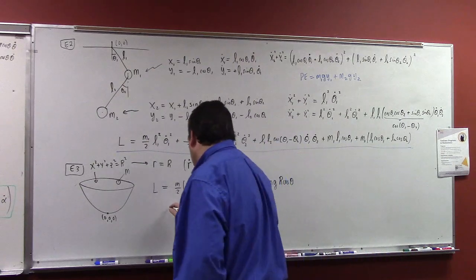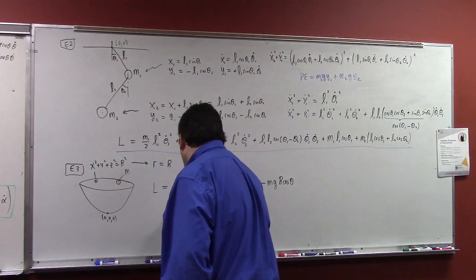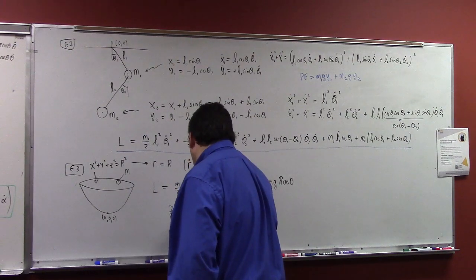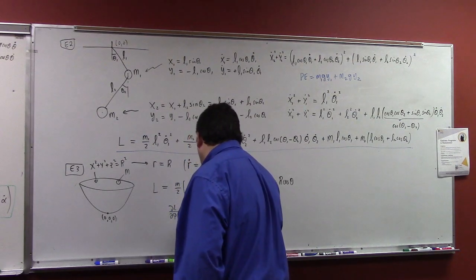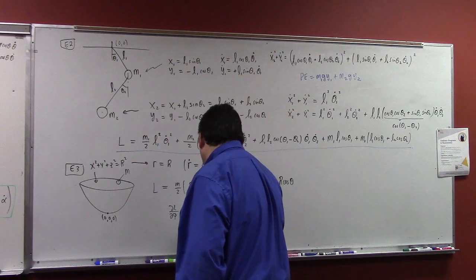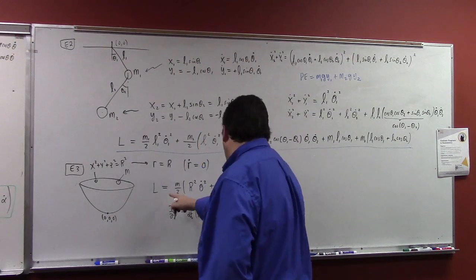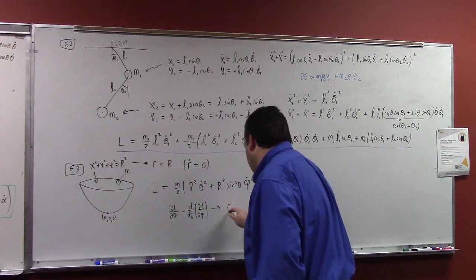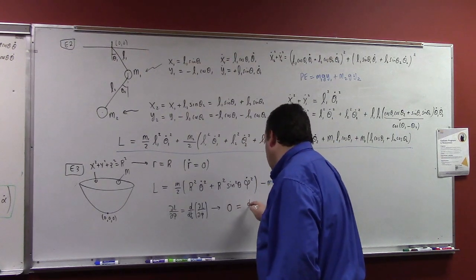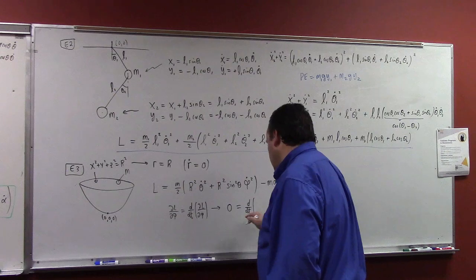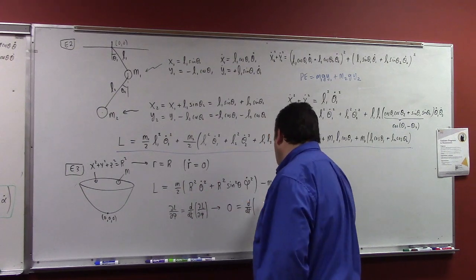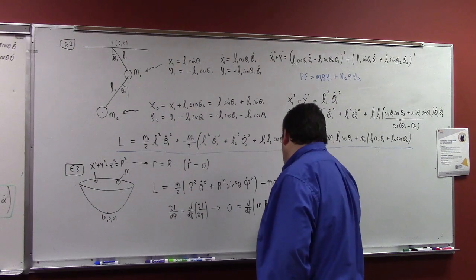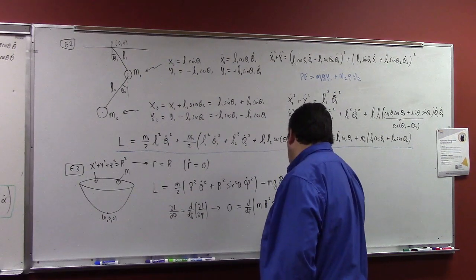And so, for example, partial L partial theta, well, let's do partial L partial phi. It's kind of more interesting in some sense. There is no phi dependence, so that's 0. And on the other hand, we have d/dt of partial L partial phi dot, which is m r squared sine squared theta phi dot.